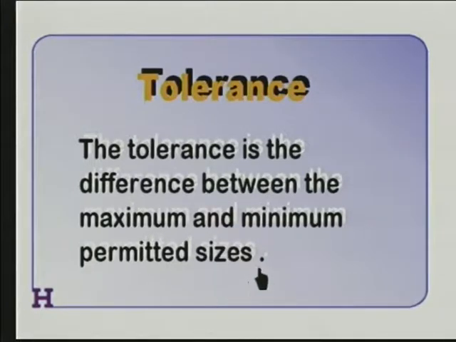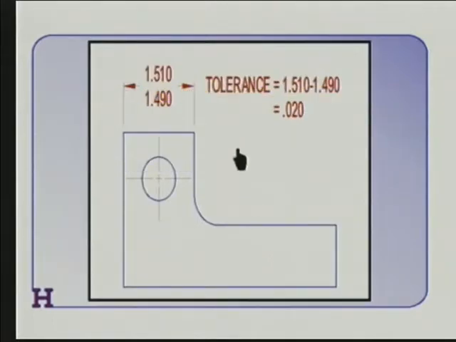Let's see an example of that. Here is one way to specify a tolerance. Here we specified a dimension, and instead of giving a single number, we've given an upper limit and a lower limit. And what this means is that when you actually manufacture this part, there are lots of acceptable parts as long as the measured value of the finished part is between the upper and lower limits.